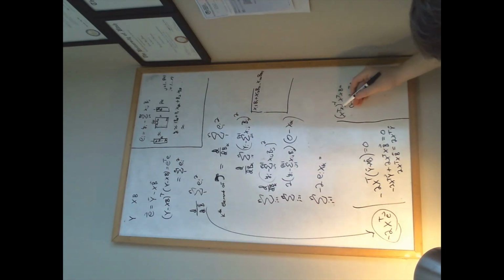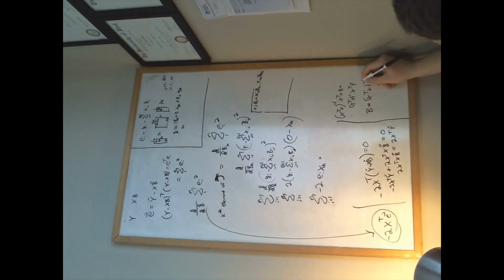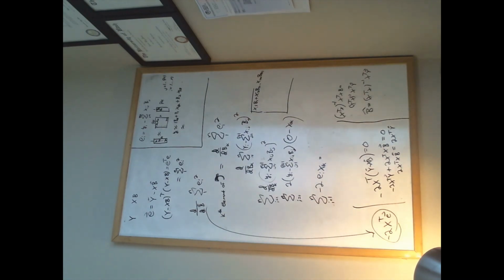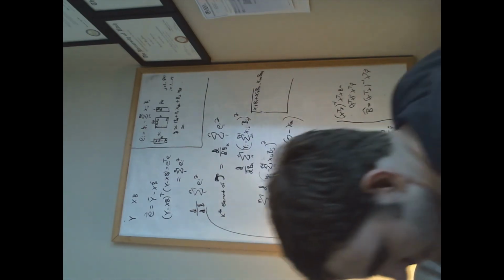So we can see that this is going to become the identity. So we get beta is equal to (X^T X) inverse X^T y. And this is an estimator, so let's give it a hat. So that's how we derive the beta hat vector.